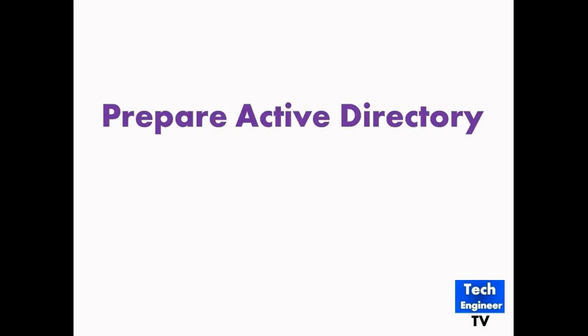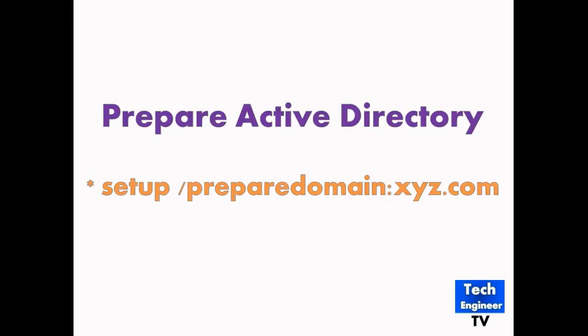Then we prepare the domain. The command is the same, setup /preparedomain with the domain name. Either you prepare every domain of your entire forest with the setup /prepareAllDomains command, or a specific domain. For example, if your domain is xyz.com, then setup /preparedomain.